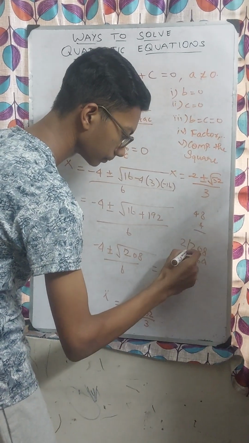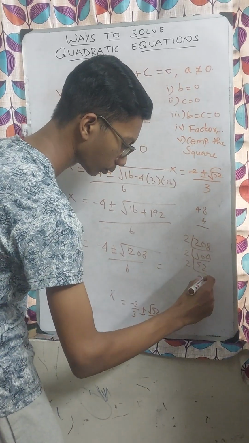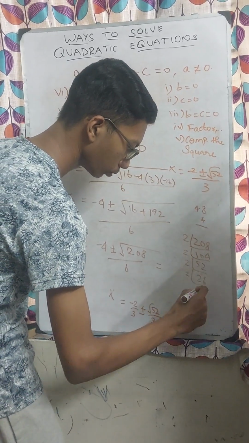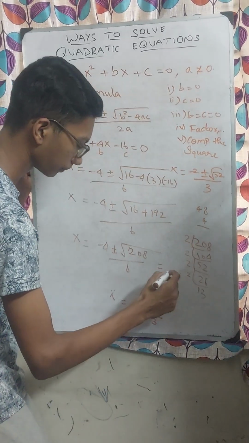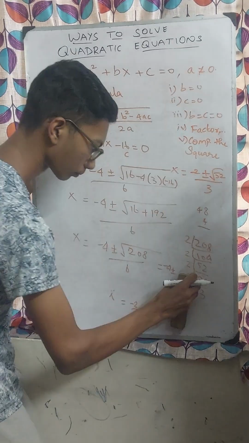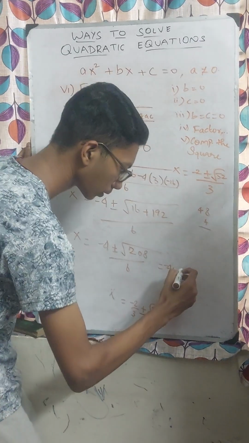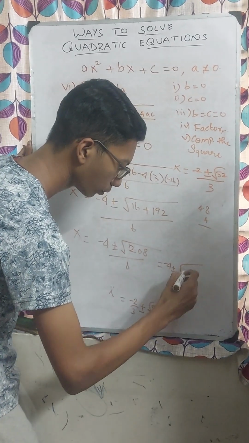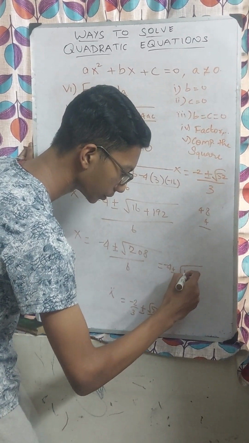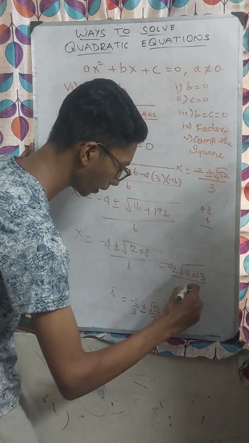So we get -4 plus or minus √(16 times 13) divided by 6.